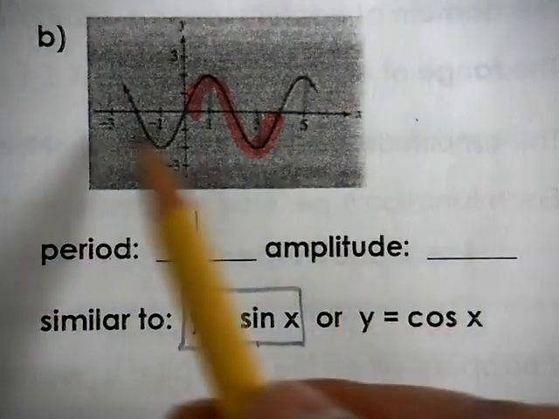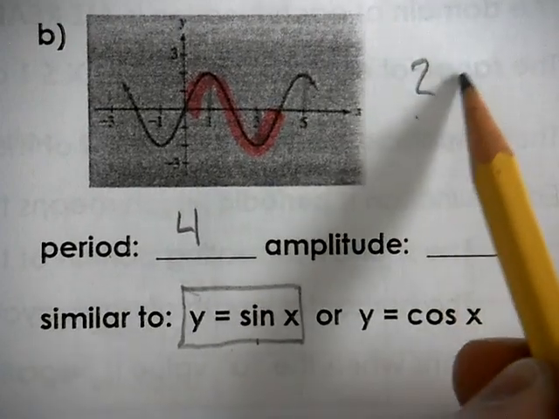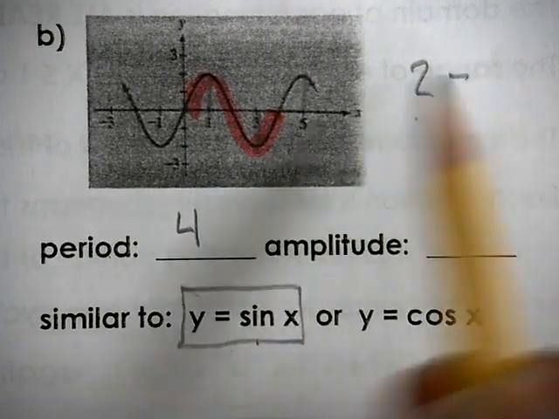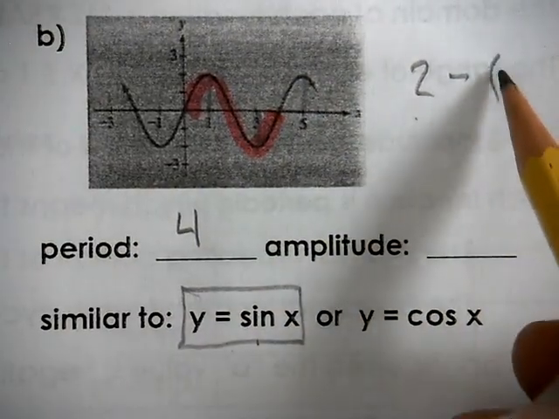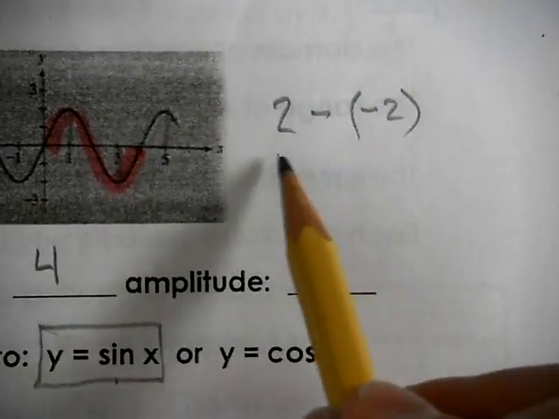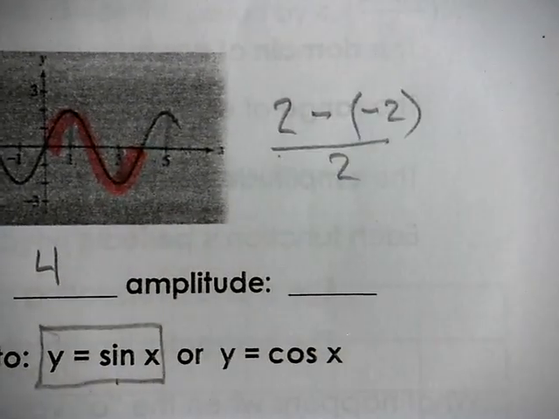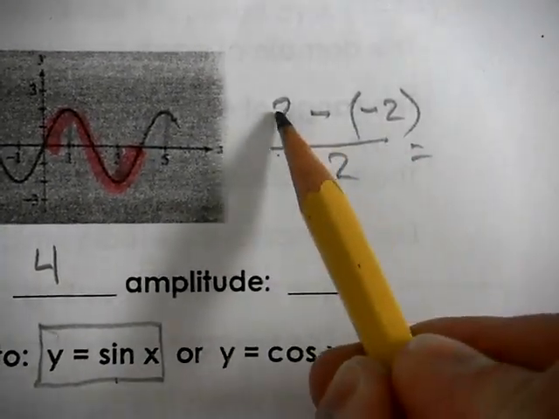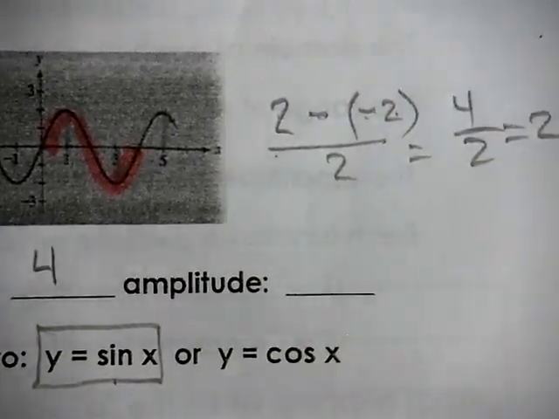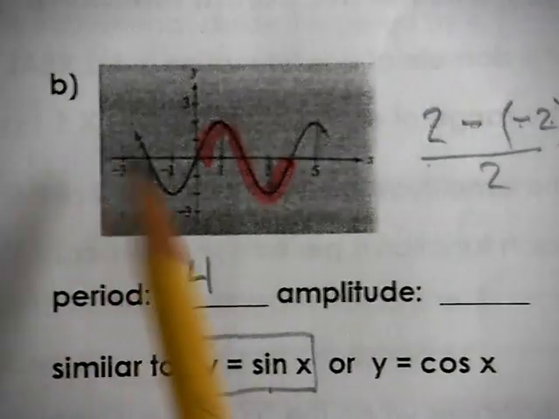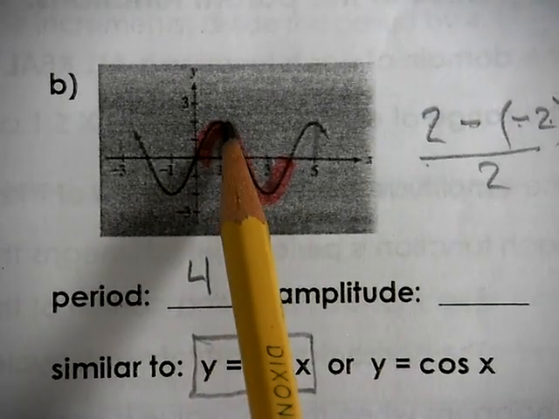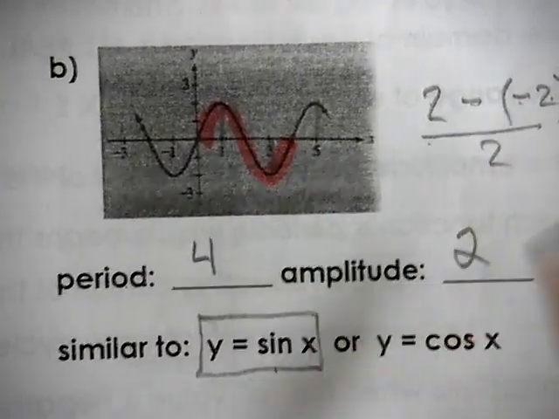You could even take the maximum value, which is 2, minus the minimum value, which is negative 2, and you divide that by 2 or multiply that by a half. So we're going to get 2 plus 2 is 4 divided by 2, which is 2. That seems pretty complicated. Just look to see that it's 2 steps up. So the amplitude is 2.